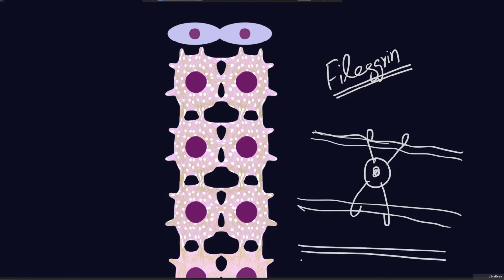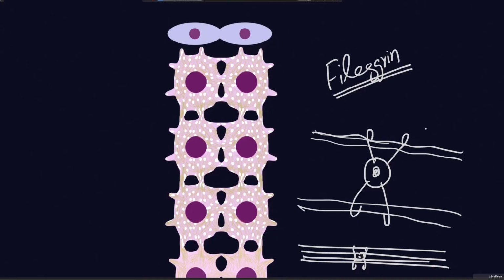So they will become close together like this. The keratin filaments will aggregate together. They will come near to each other, and they will become more intimate, and they will become aggregated.